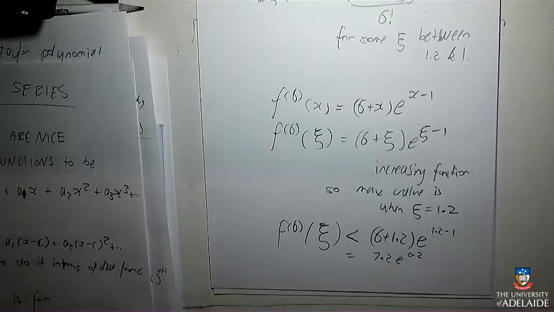And e to the 0.2, that's like a fifth, right? It's like the fifth root of e. And e is less than 3. Fifth root of e has got to be smaller than e. It's got to be pretty close to 1, I reckon.